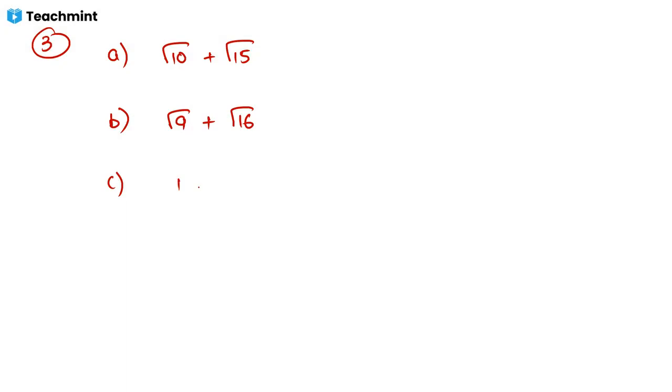They may give it like this. Like, what is the largest or smallest, you have to decide among the options. It may be like root 10 plus root 15, or root 9 plus root 16, or 1 plus root 24, because 10 plus 15 is 25, 9 plus 16 is 25.